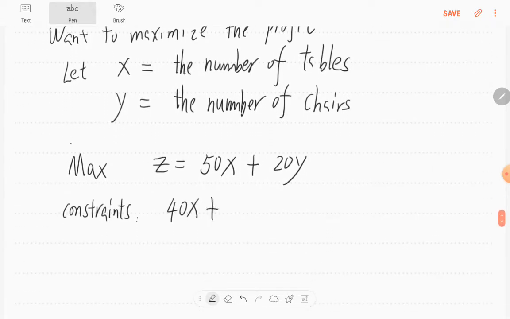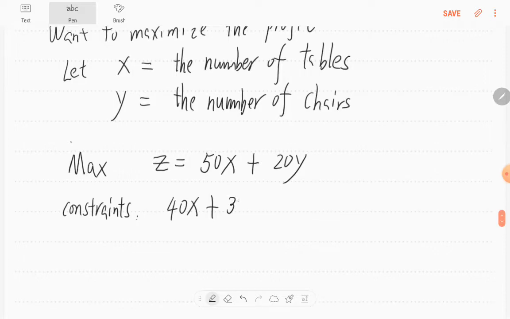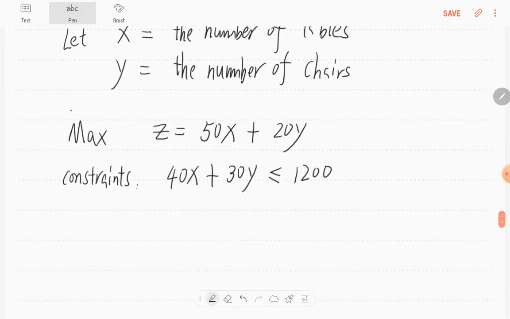And for the chairs, the labor hours is 30 times y. So 30 hours each chair, you have y chairs. So the total labor hours cannot exceed 1,200. That means it's less than or equal to 1,200. This is the first constraint.